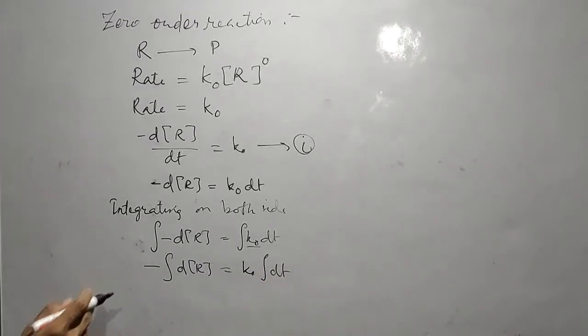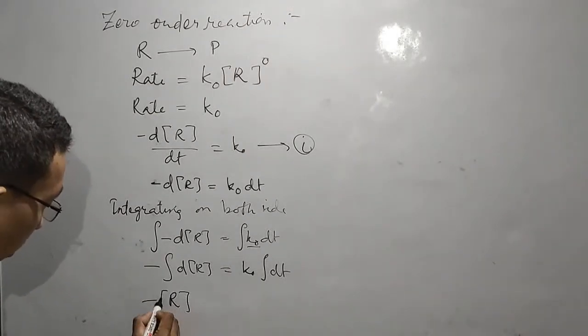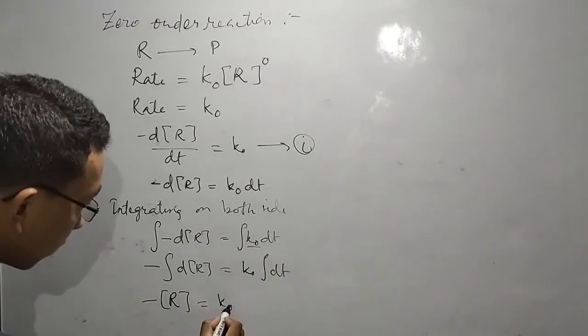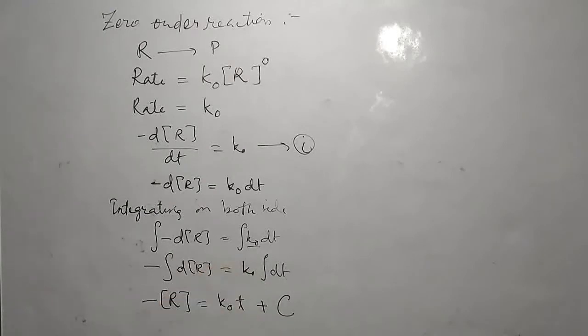Integrating both the left and right sides, this will give minus [R] equals k naught t plus C. We can also write it as I. This C or I is called the integration constant.